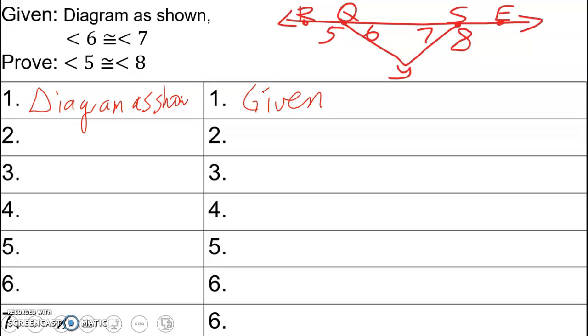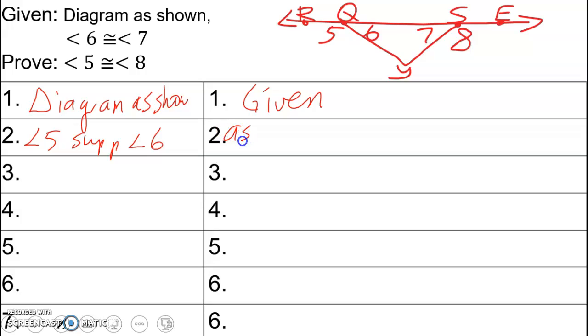Based on that diagram, we know that we can assume straight angles. Angle RQS is a straight angle. Based on the fact that it's a straight angle, we know that angle 5 is supplementary to angle 6.